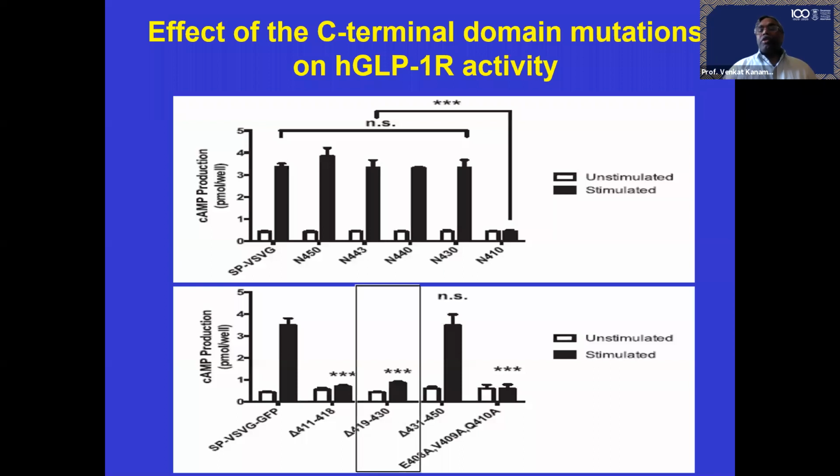Then we looked into the activity. As you can see, when we deleted up to 410, we saw an effect on the cyclic AMP production, and similarly with this deletion, cyclic AMP is affected because the receptor is no longer localized to the plasma membrane.